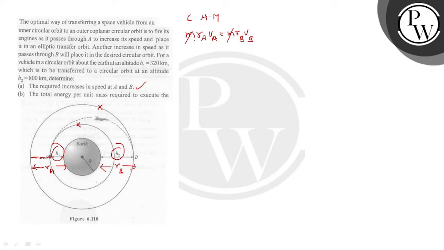So VA is equal to RB by RA into VB. If I substitute the RB and RA values, I will get VA equal to 1.0718 into VB. This is the first relation.